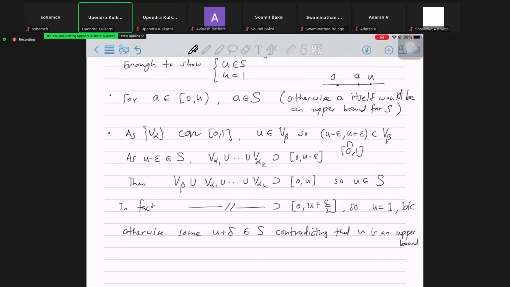Then move slightly to the left, because the endpoint of that open interval may not be in the open set you have taken. So move slightly to the left and then start from there and continue. Then we said this was problematic because the lengths of these open intervals might keep shrinking so that when I add up, I may not reach 1. So you can think about whether this strategy can be salvaged.